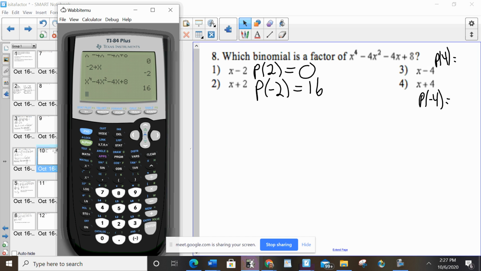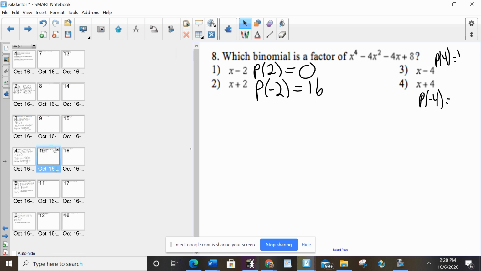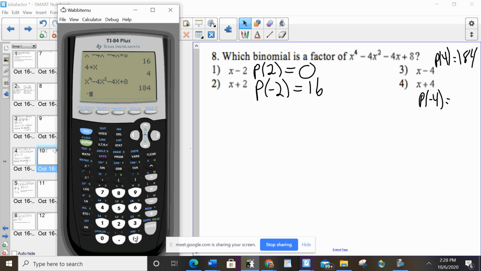For choice 3, I want to substitute 4 in, so I'm going to do 4 store as x, copy and paste the expression, 184. In choice 4, I'm going to substitute negative 4 in, copy and paste, 216.